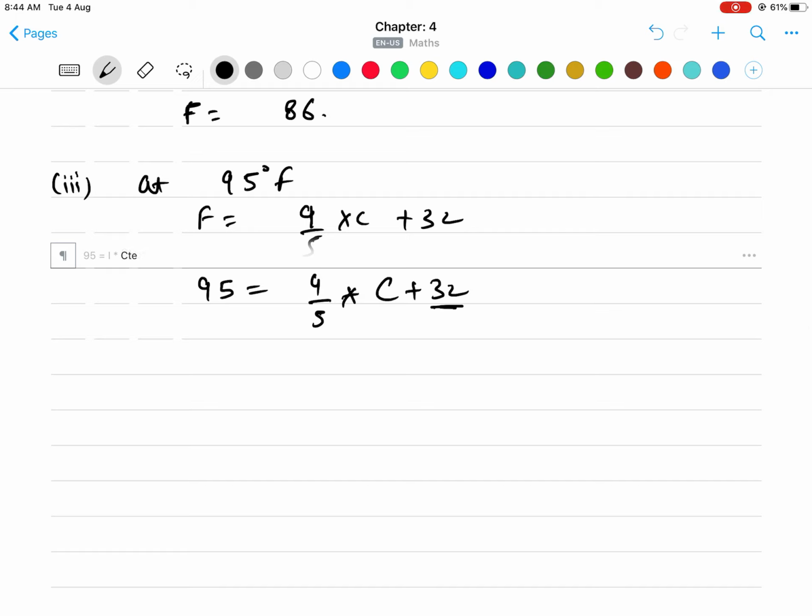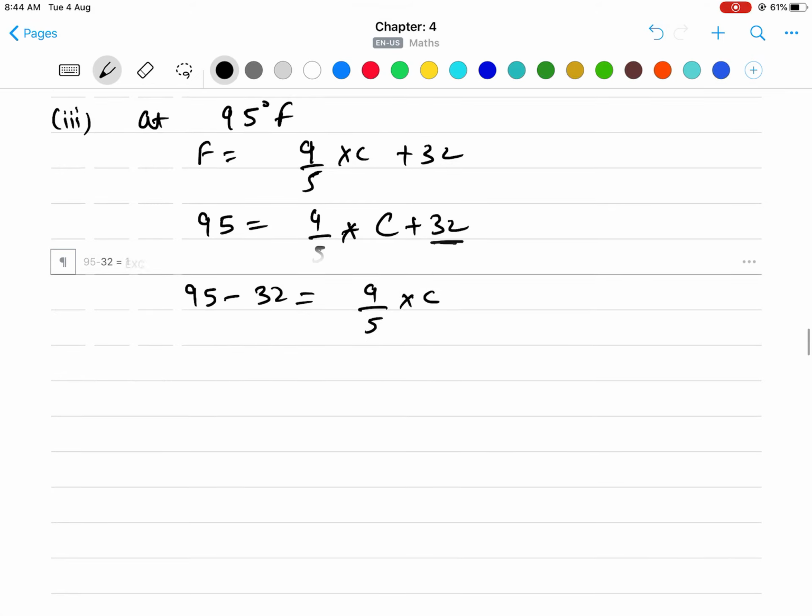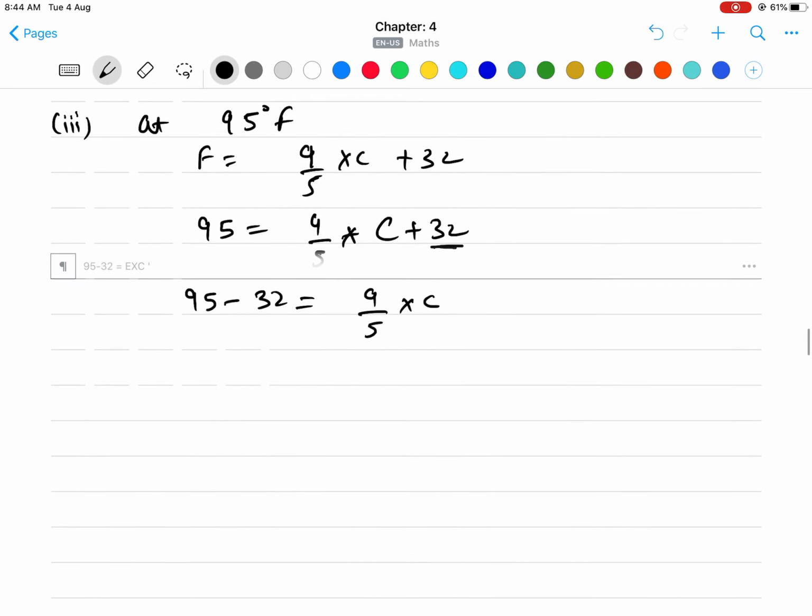So on shifting this 32 onto the left hand side it will be 95 minus 32 equals to 9 by 5 into C, and this 95 minus 32 will result into 63, equals to 9 by 5 into C.